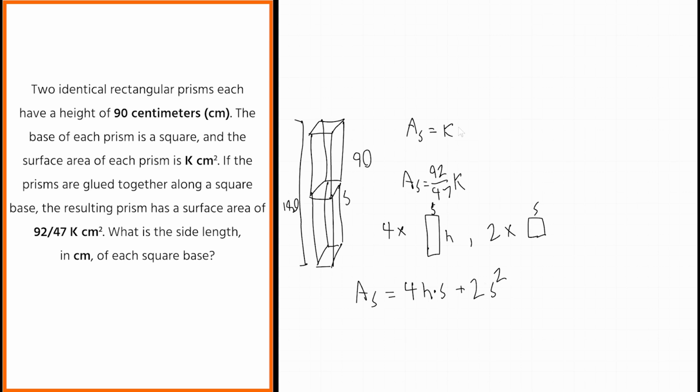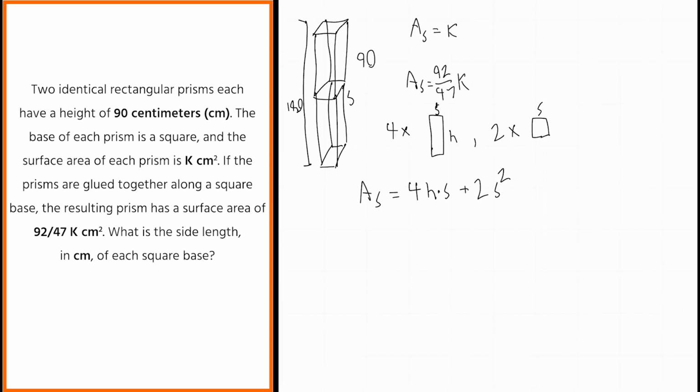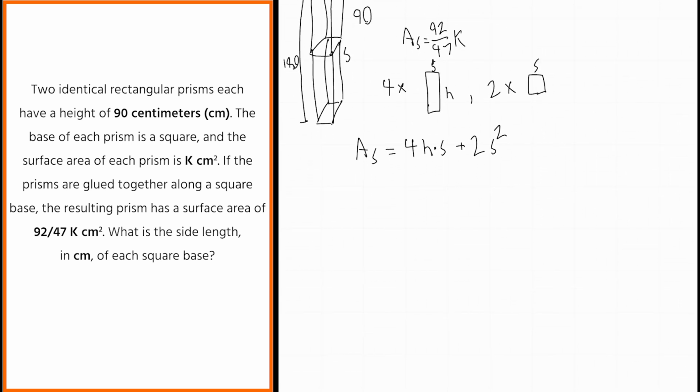So for the two examples that we have above, let's write what that would look like. For the single 90 height rectangular prisms, those surface areas would look like 4 times 90 times s plus 2s squared, and they are, according to the problem, equal to the value k.